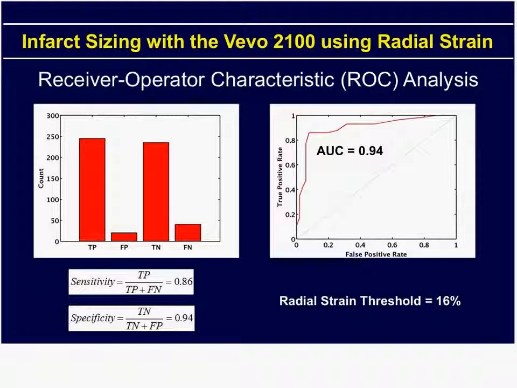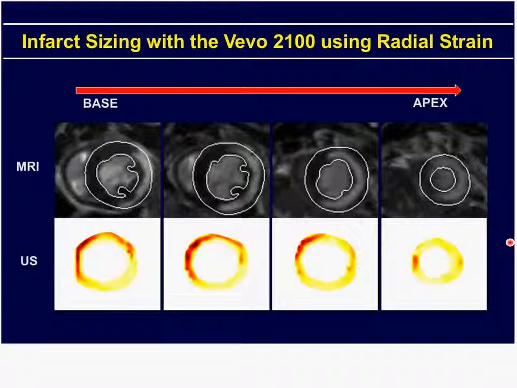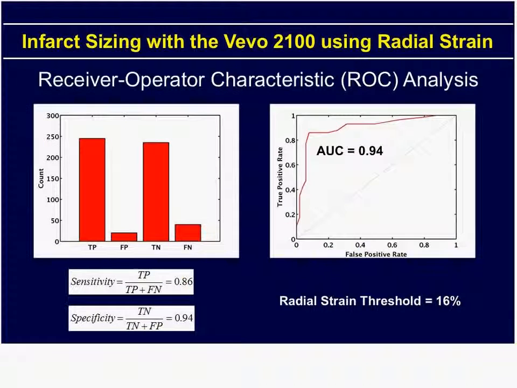If you were to do this rigorously at your own institution, you'd probably want to repeat the radial strain measurements in your mice, perform the TTC analysis, and do your own ROC analysis, because you might find that in your hands the strain threshold is 14% or 18%. But the overall experimental approach is valid.